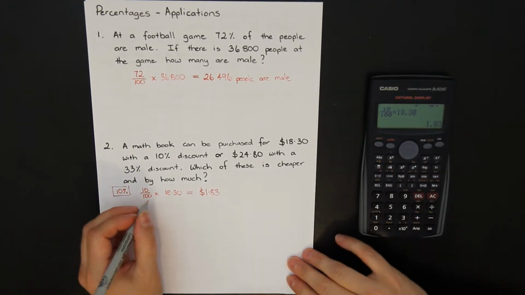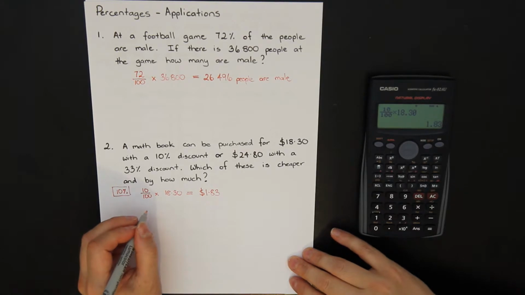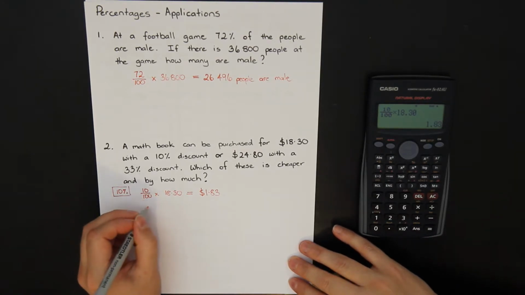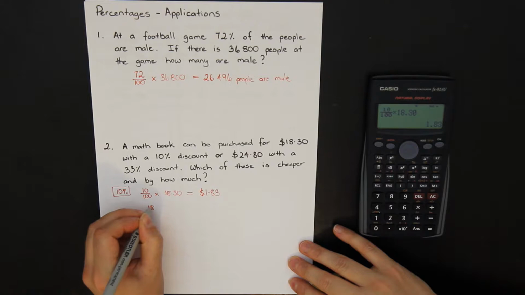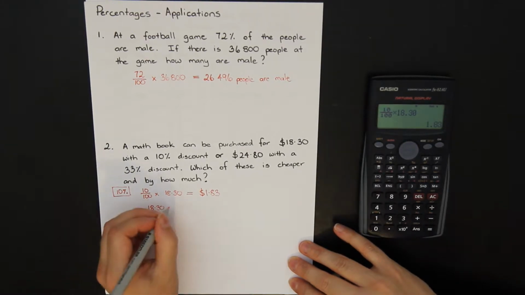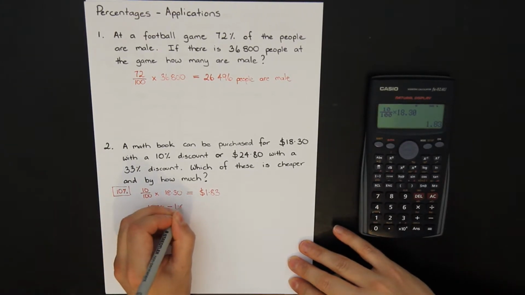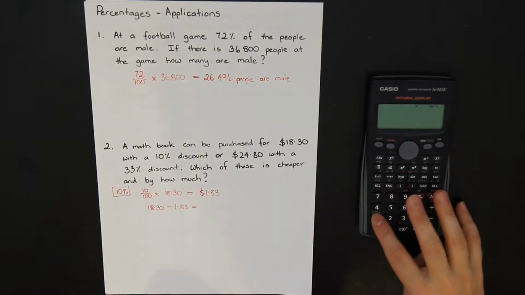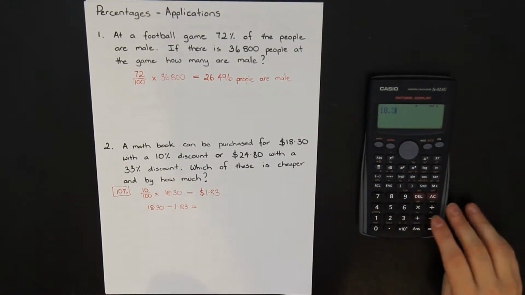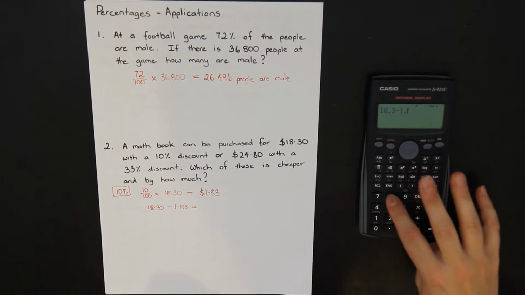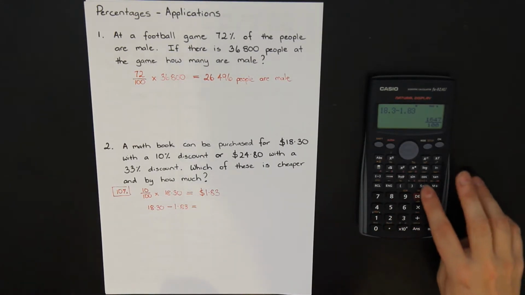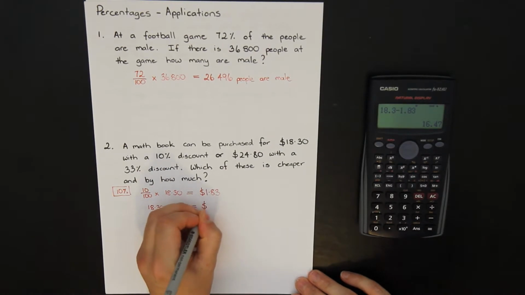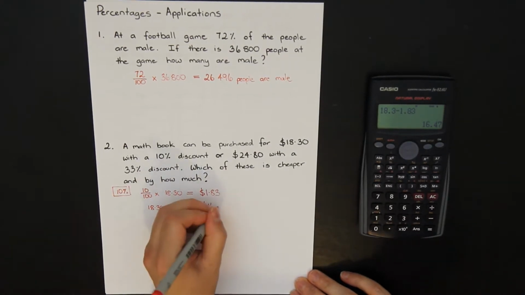So how much would you actually pay for this book? We need to subtract. We take $18.30, the original price of the book, and we subtract off our discount. So for this book, you would actually pay, let's work it out, 18.3 minus 1.83 equals, you would pay $16.47.